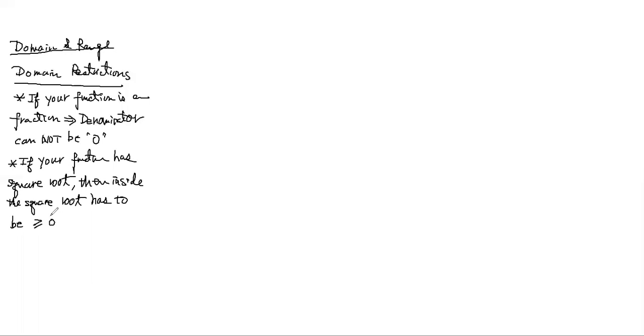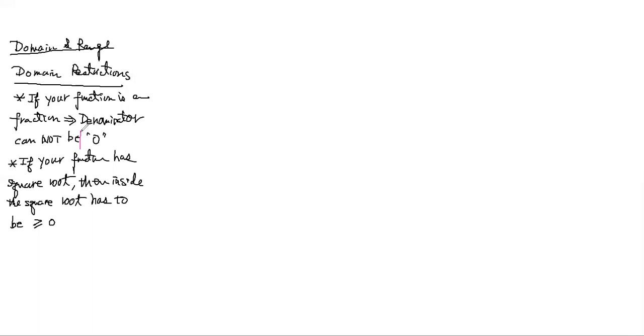That's it. At the end of this chapter, when we talk about logarithms, we're going to add one more restriction. But right now, when we look for domains, we are only looking for these ones.